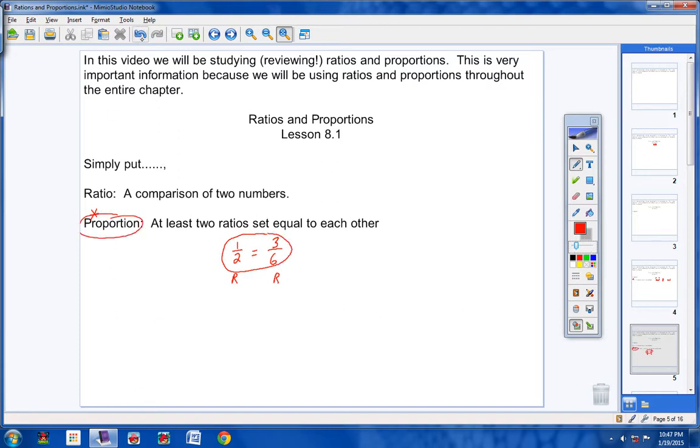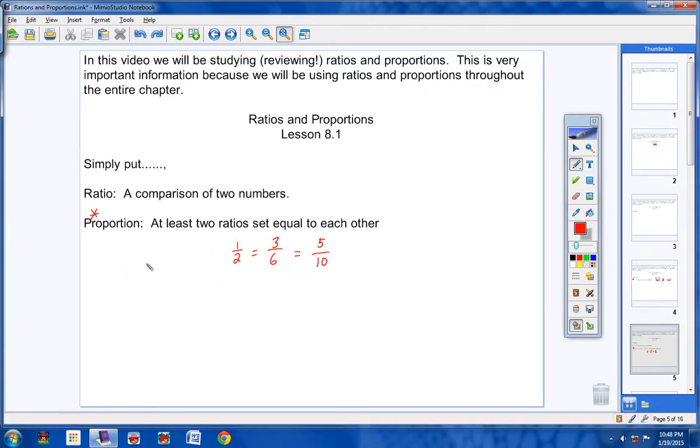Now notice in the definition of proportion, I say at least 2 ratios set equal to each other. So I could also say equals 5/10. 1/2 equals 3/6 equals 5/10. This whole thing would be a proportion, alright?